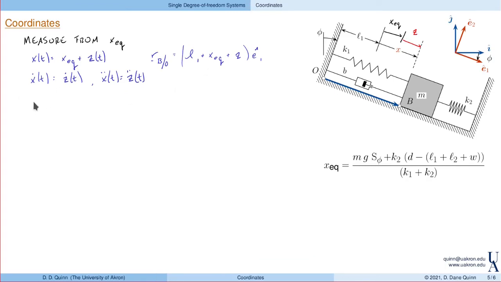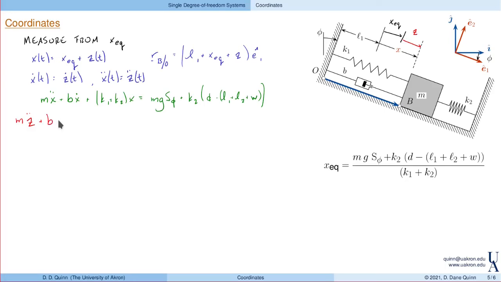Looking at the original equation of motion that we had in terms of x, we saw that m x double dot plus b x dot, and then k1 plus k2 times x was mg sine, and k2 times d minus L1 plus L2 plus W. So when I make this transformation, over on the left-hand side, I have m z double dot, because x double dot is z double dot.